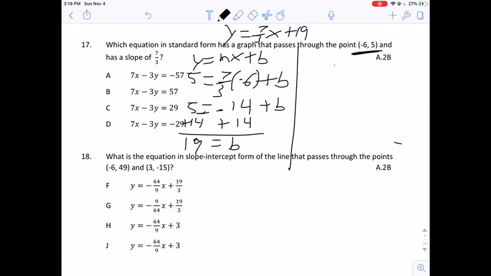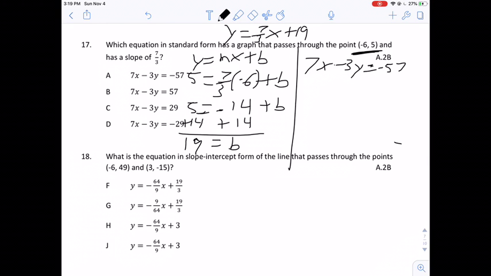I'm going to start working all the equations, and I want to solve all of them for y. I'm going to do it the same way. Okay, so I'm going to write the first one, 7x minus 3y equals negative 57.